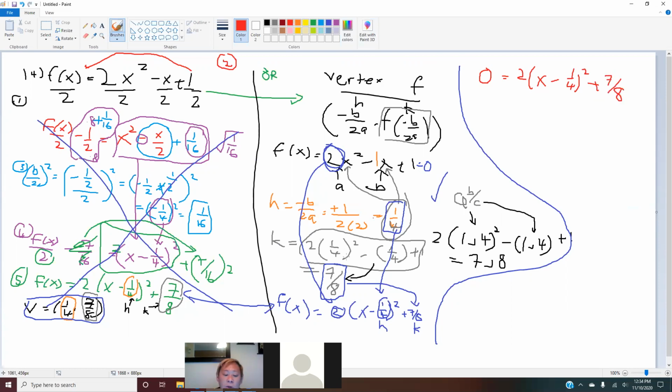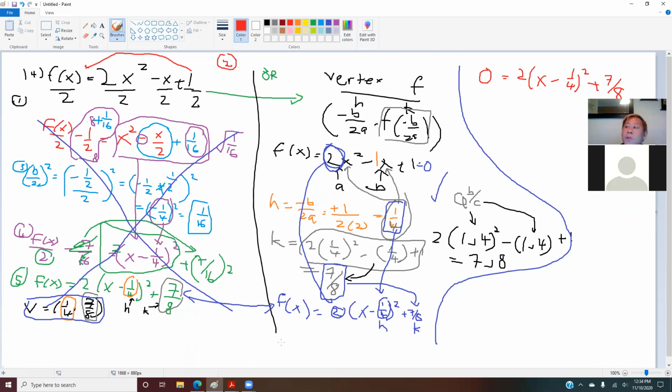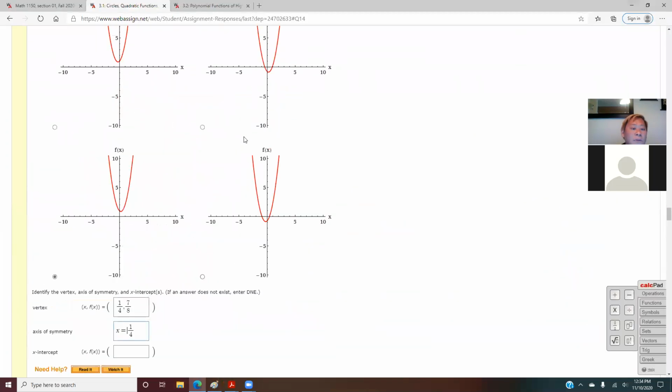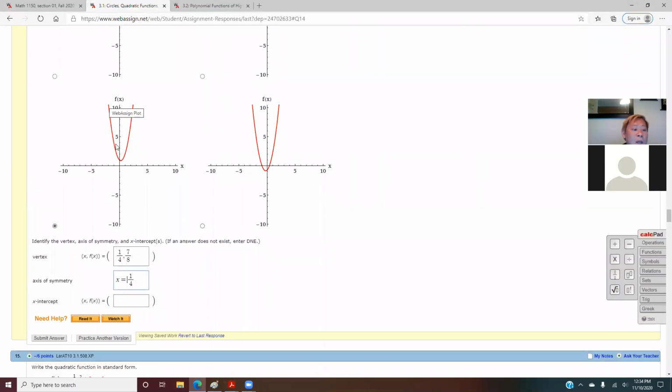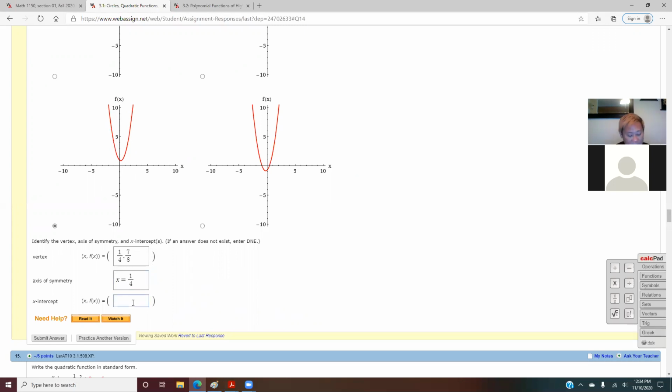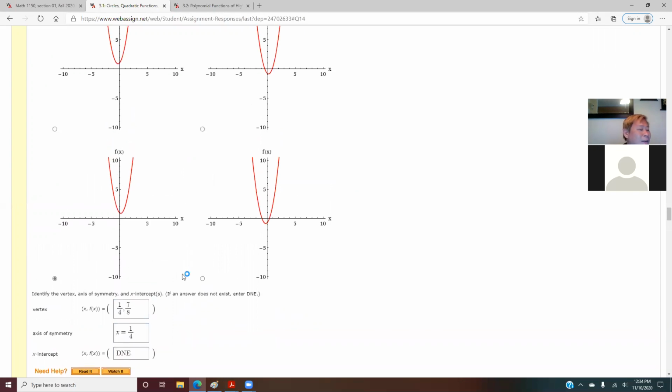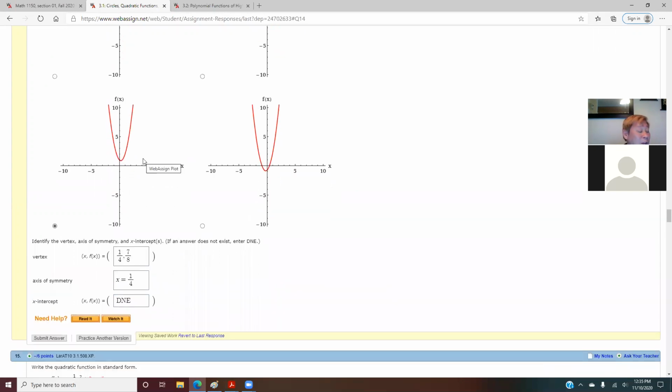But you can also look at your graph first before you do this. Because if you look at your graph, this is your graph. Does this graph cross the x-axis? Since this graph does not cross the x-axis, it is DNE. So sometimes it's very easy when you find your x-intercept to look at your graph.